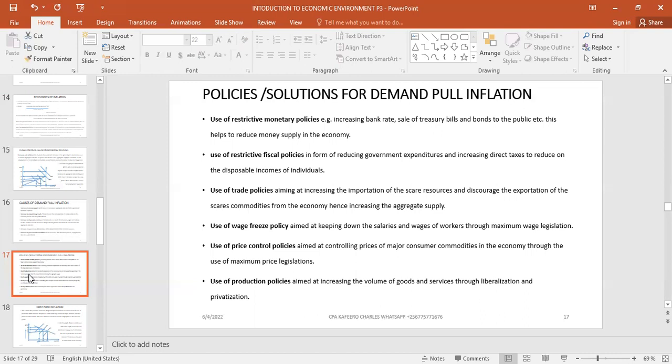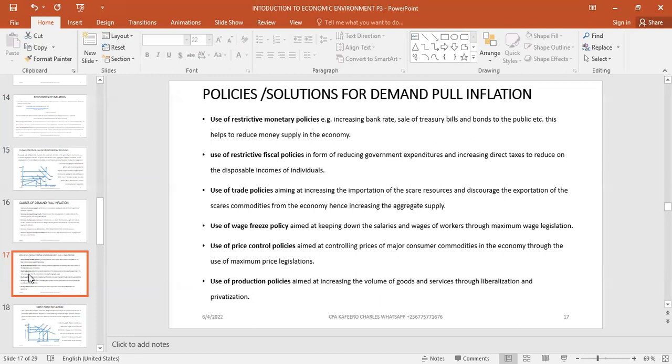The other thing we can talk about is the use of trade policies. As you hear the word, trade means buying and selling. So in this scenario, if you want to reduce the demand pull inflation, one, you are going to make sure you increase the importation of the scarce resources. When you increase the importation of those scarce resources, then we expect that you are supposed to reduce the exportation of the scarce resources.